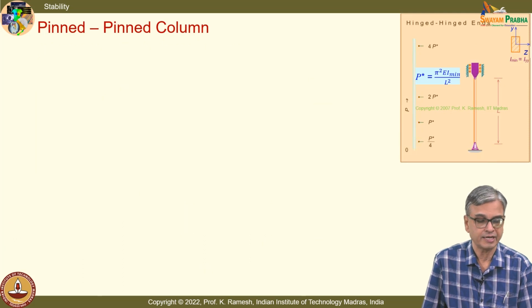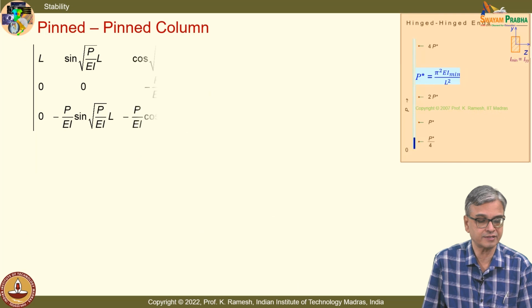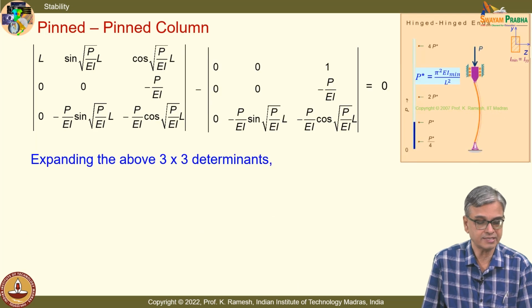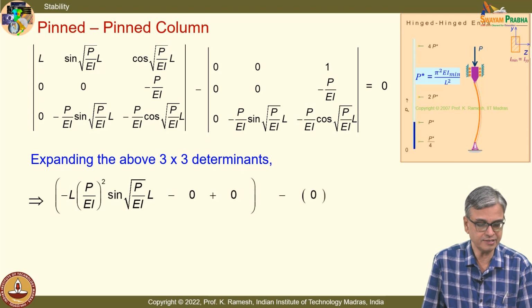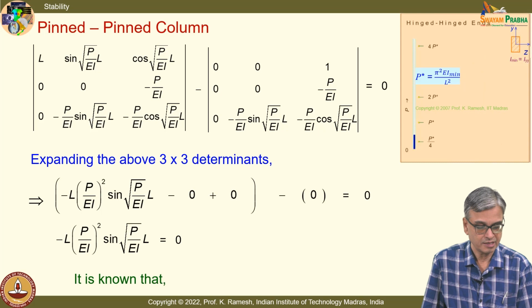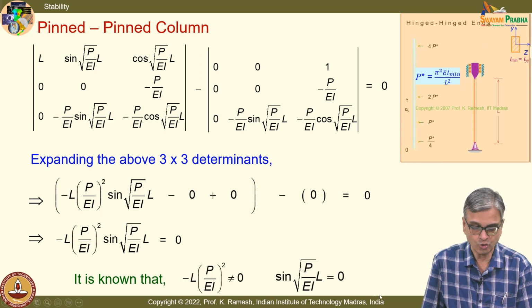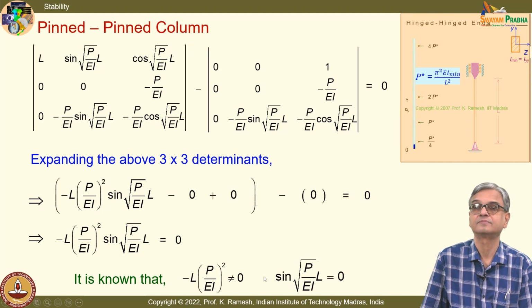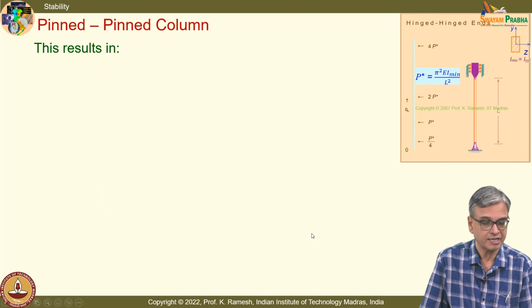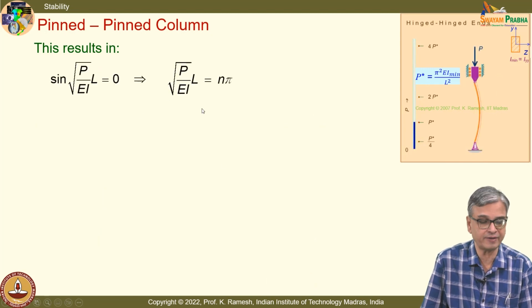And I have this. This gives me finally an expression like this, and this gives me sine root of P by L goes to 0. And once you investigate this, all inverse functions are multivalued.